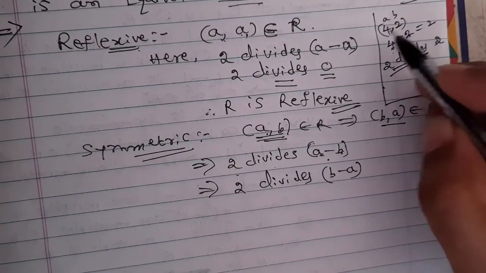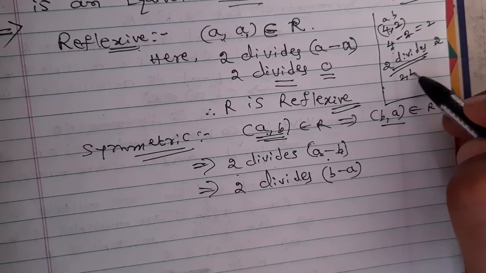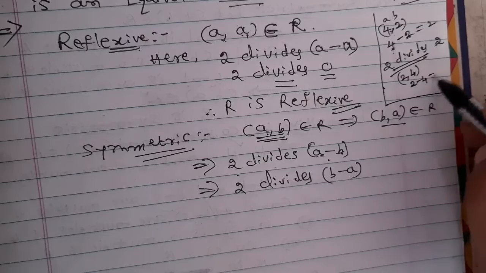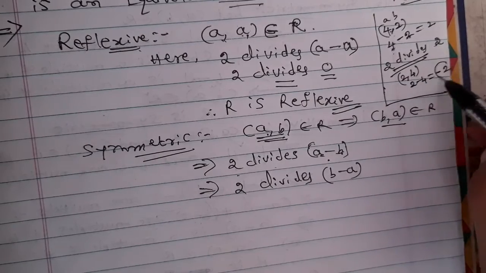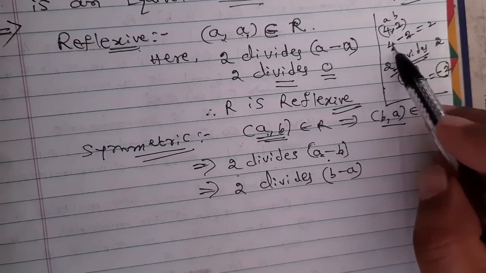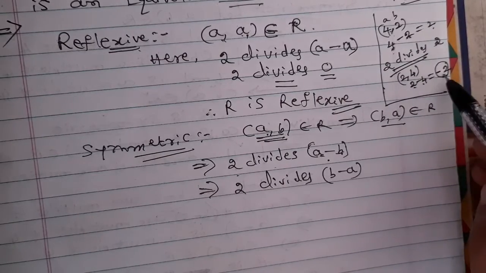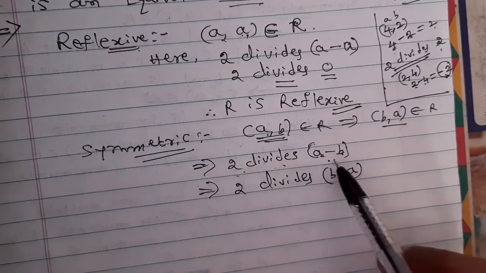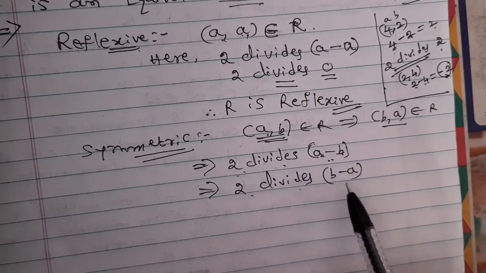You see here 4 comma 2. The symmetric property says 2 comma 4. So that is 2 minus 4, it is minus 2. Also 2 divides minus 2. So 2 divides 2 if I take 4 minus 2, and 2 also divides 2 minus 4, which is minus 2. That's why 2 divides this difference, and 2 also divides the other difference.